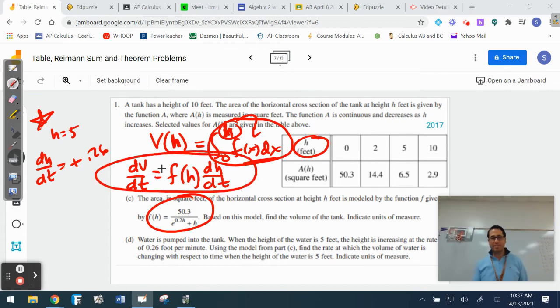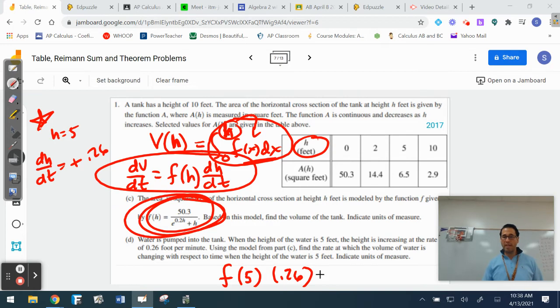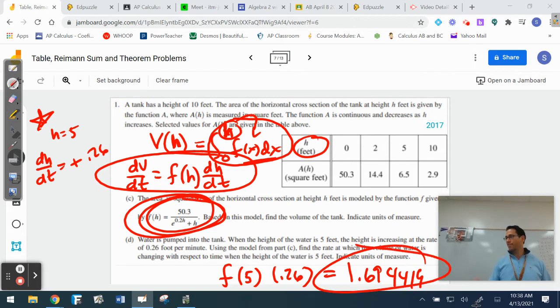So to get this answer, I'm going to come down here: f of 5 because it says when h is equal to 5, and then dh/dt is 0.26, right? What's f of 5? You can just plug it in right there. And if you do all that correctly, you get an answer of 1.6944.